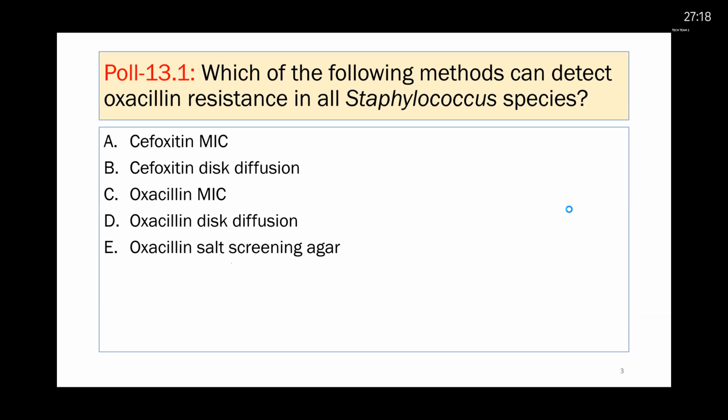Can I share the results? Yes. I displayed the result.